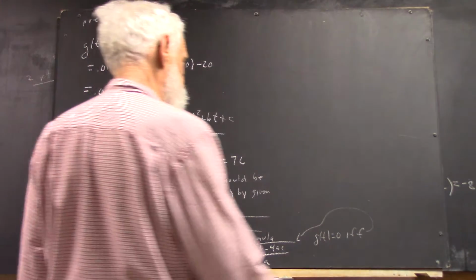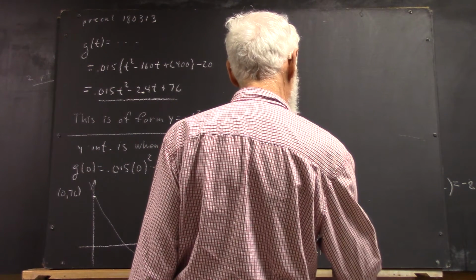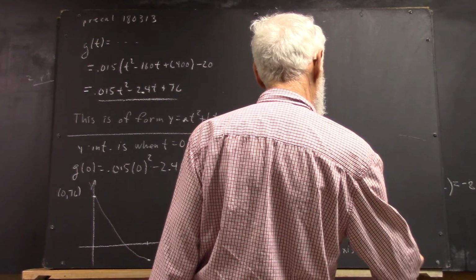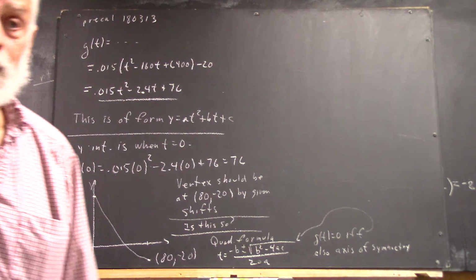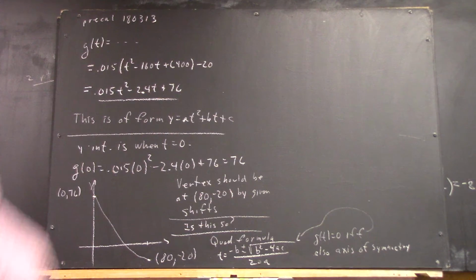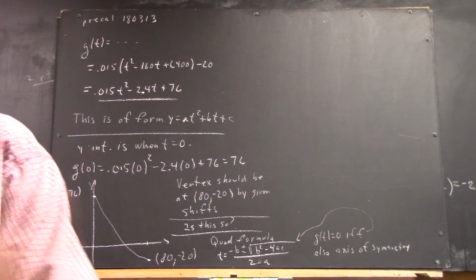Also, how do you get the axis of symmetry? Everybody remember? The axis of symmetry. The vertical line that divides your parabola into two mirror images, right?